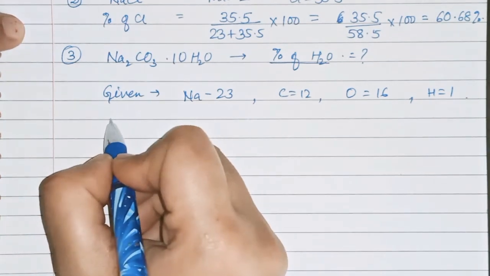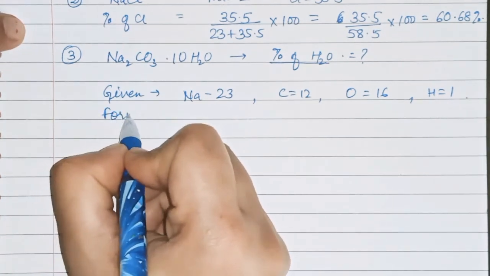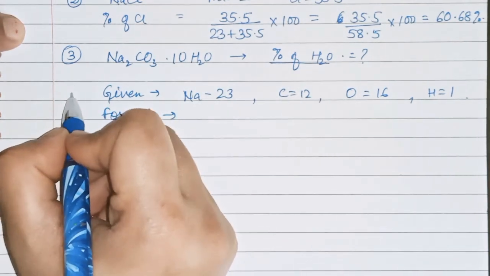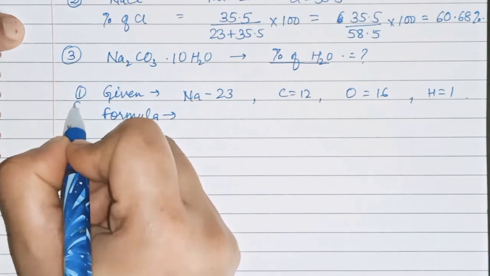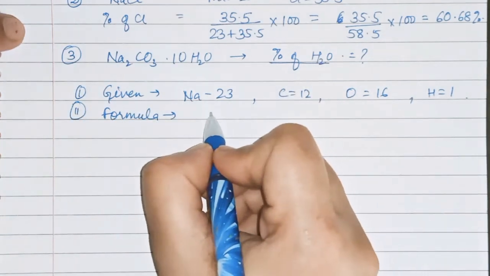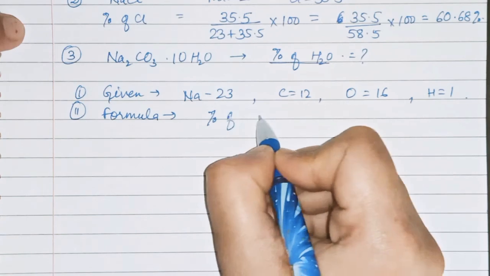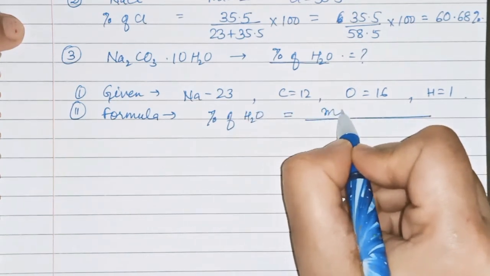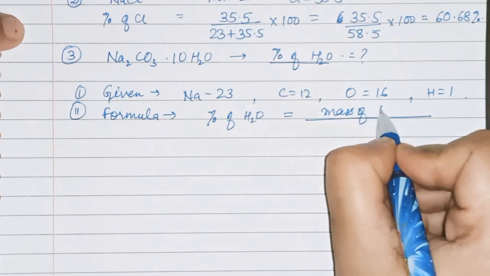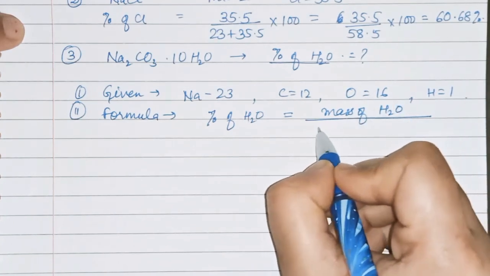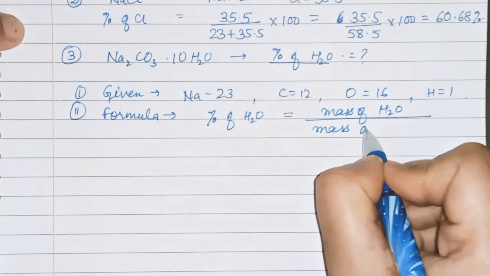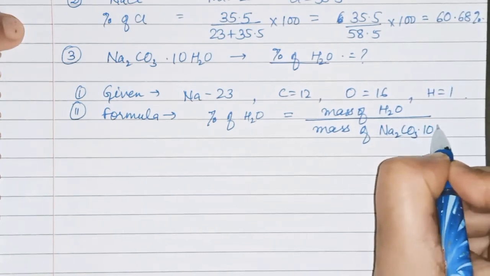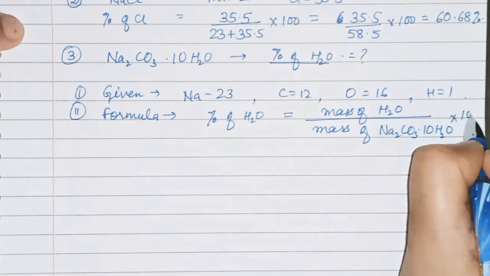Now the second step is the formula. What formula you are applying for this question? You will write percentage of water is equal to mass of water upon mass of Na2CO3.10H2O into 100.